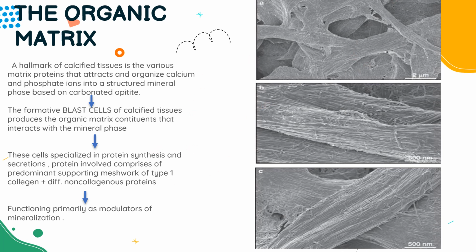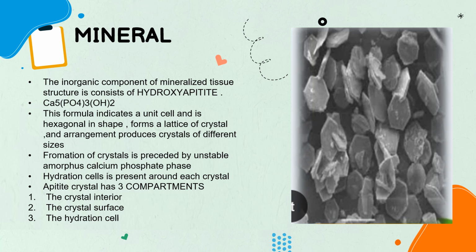So now moving on to the minerals. The inorganic component of mineralized structure consists of hydroxyapatite. This is the formula of hydroxyapatite crystal. This formula indicates a single unit, which means this is the least number of calcium, phosphate and hydroxy ions which are able to establish a relationship.